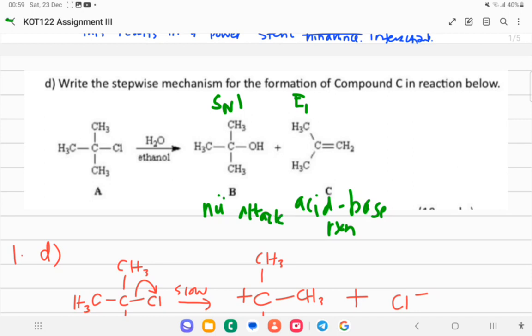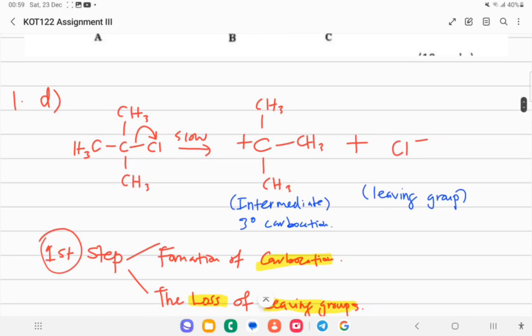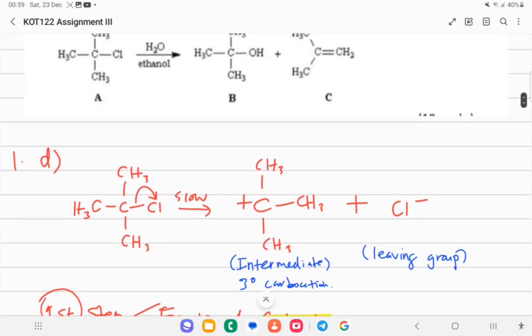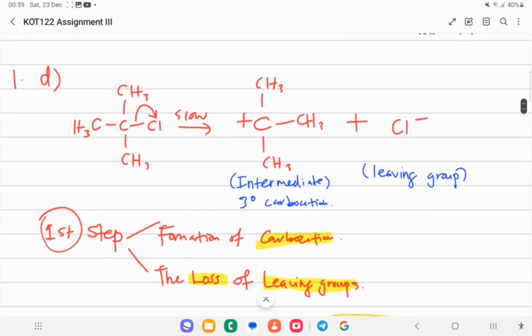So we can now start to draw our E1 mechanism. We draw the structure of compound A.